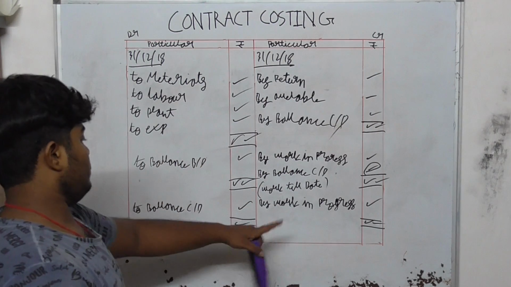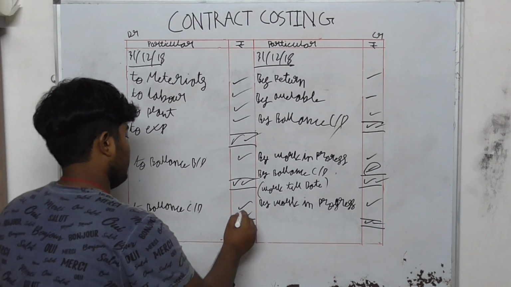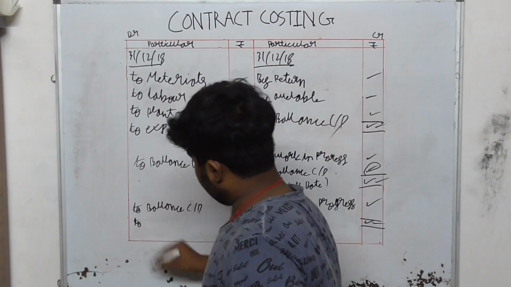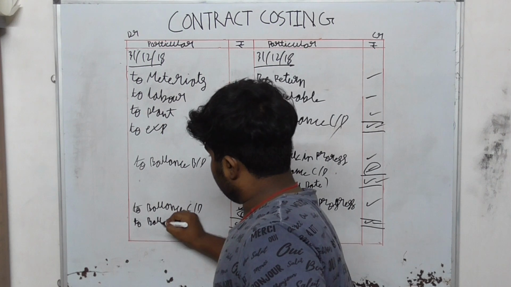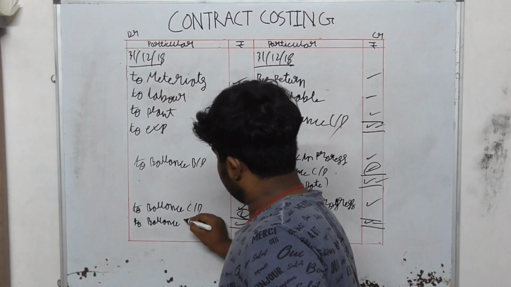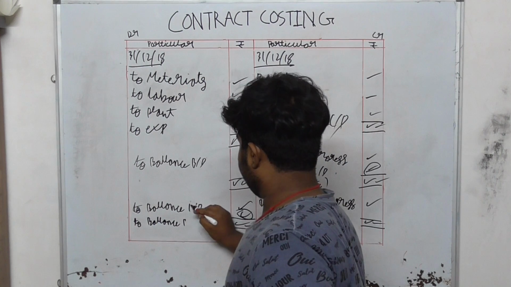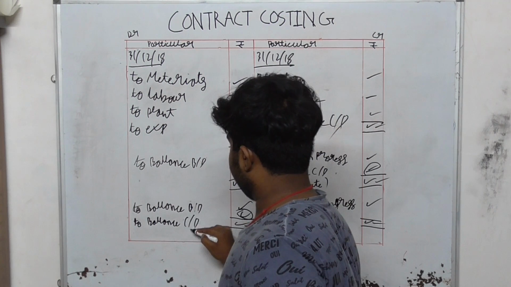Okay, and you have to calculate this will be the profit. Okay, this is the profit. So the profit is to balance CD. This is the BD, to balance CD.